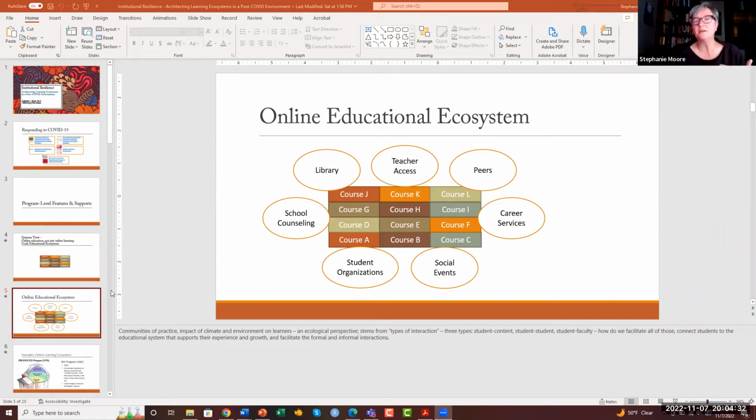Could you design an environment differently that functioned better for those learners? Yes. In fact, you can unpack a lot of those failure points, what didn't work, what was going wrong, and flip all of those around into different design decisions for how to better support those learners in an online learning environment. So I find design as framing to be really compelling, and I think that resonates with a lot of folks I talk with as well.